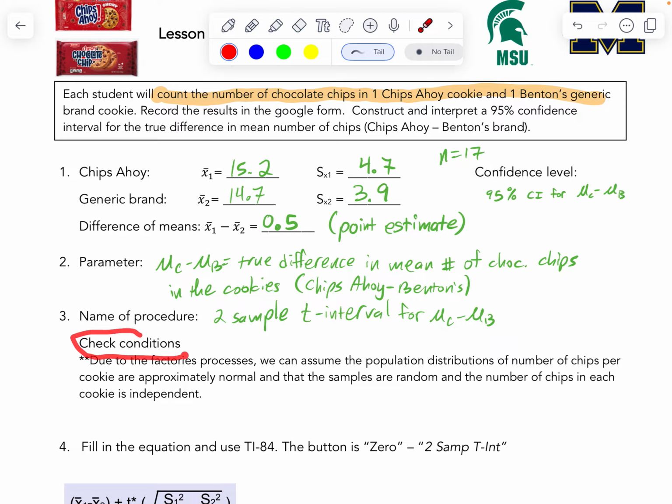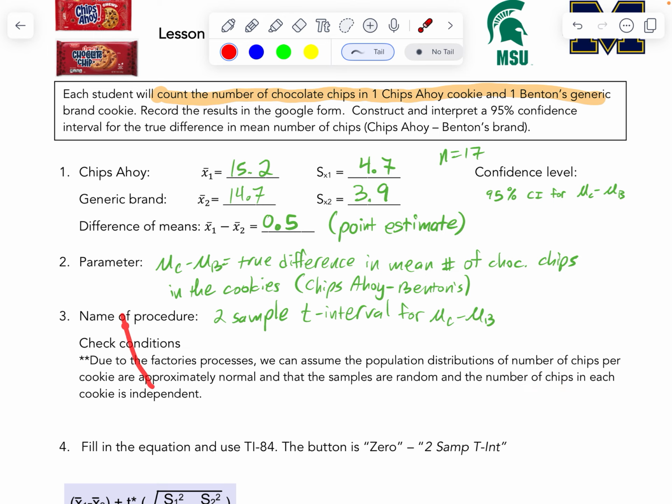We're going to kind of take the easy way out here with the conditions. When you have processes like these for both cookies, they're just mass produced in a factory. Those processes are in mass quantities, they're streamlined, so we can assume that the population distribution of all the cookies these guys make is approximately normal, and that the samples are random because they're just random bags produced from these factory processes, and that the number of chips in each cookie is independent.